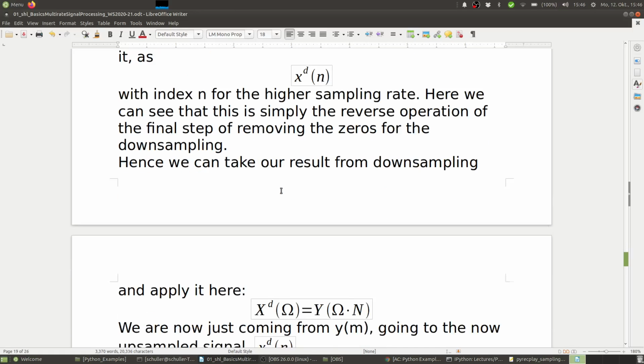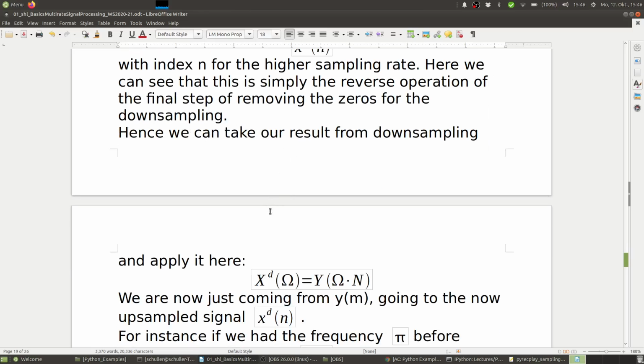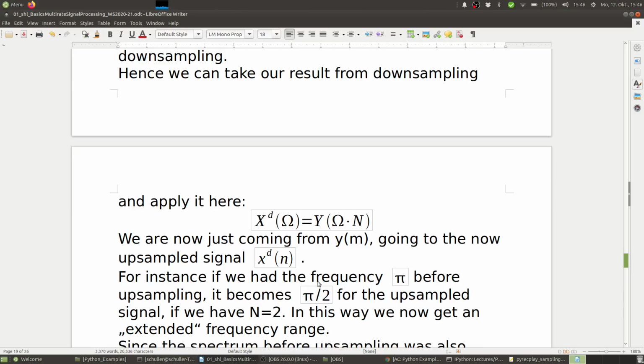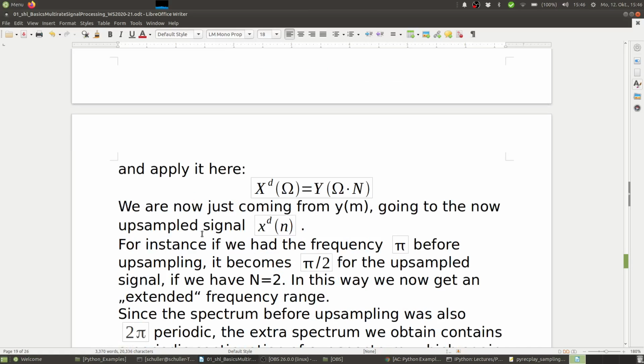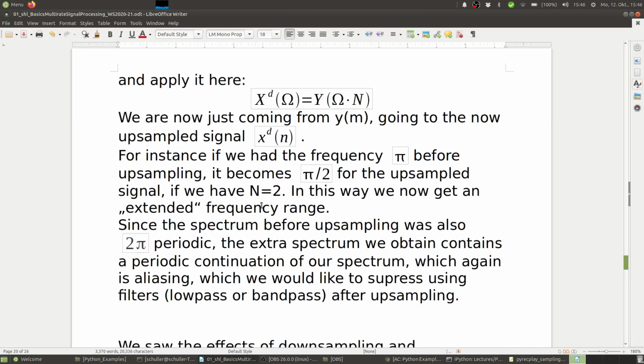Now we can take the result from downsampling. We get the same relationship. And in effect, by upsampling, we shrink the frequency components. We are now coming from y of m going to the upsampled signal. For instance, we had the frequency pi before upsampling.